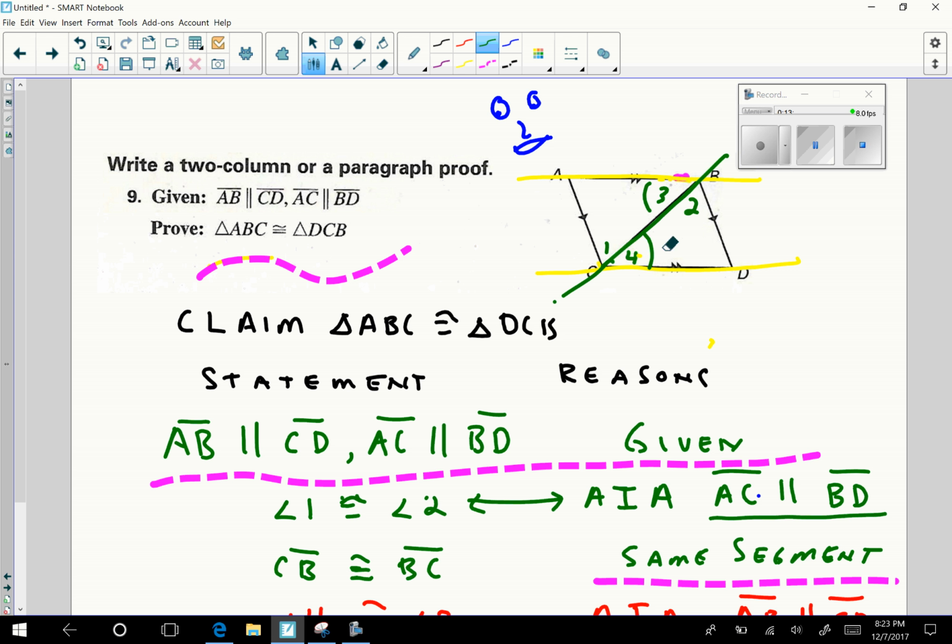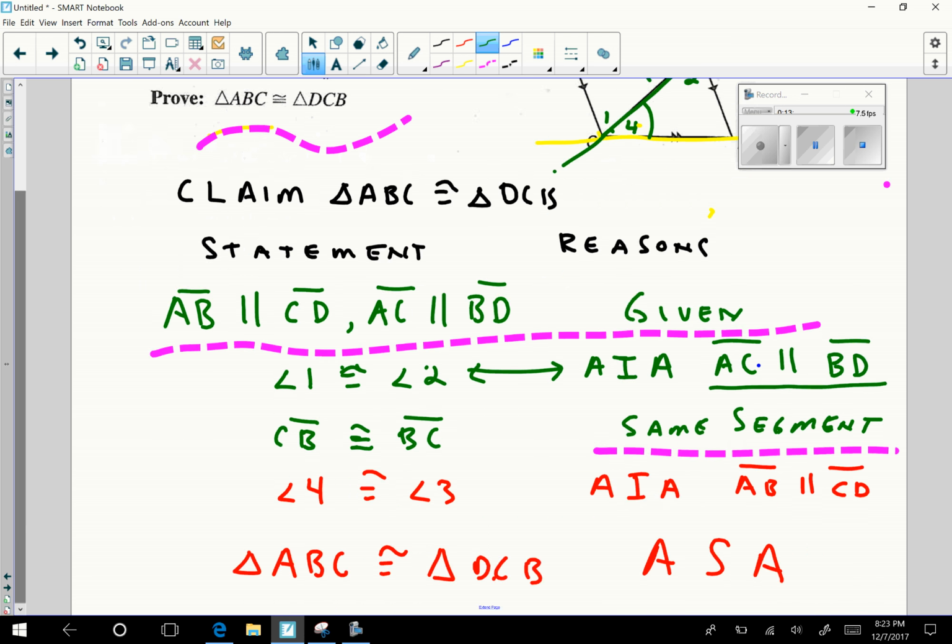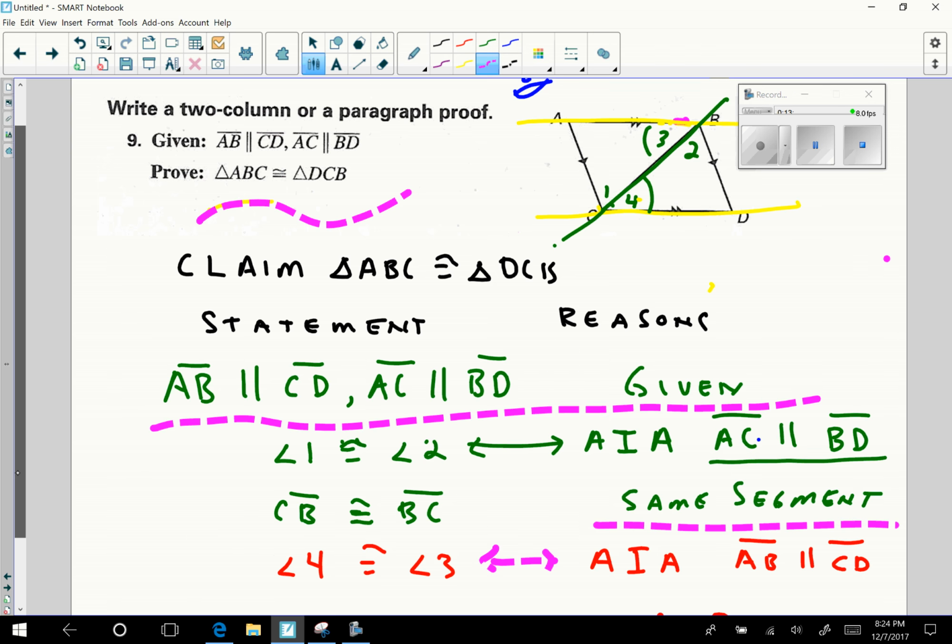But they are alternate interior angles by the lines AB and CD. So that's the reason that I can make this statement: AB is parallel to CD.